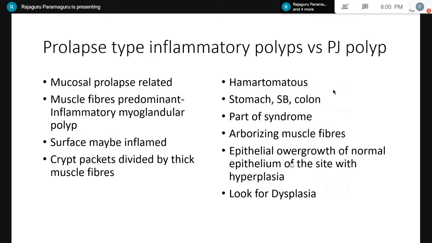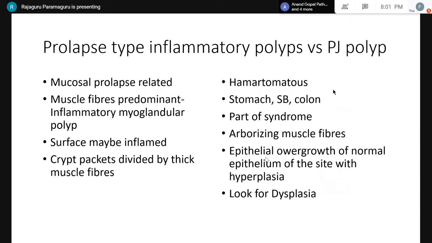So with that, you can differentiate from a prolapse type inflammatory polyp, where you will see the stroma showing replacement with a lot of muscle fibers compared to that of a Peutz's polyp. So the crypt packets will be divided by thick muscle fibers in prolapse type polyps, whereas here it will usually be the slender ones, and these muscle fibers will reach up to the surface of the epithelium.